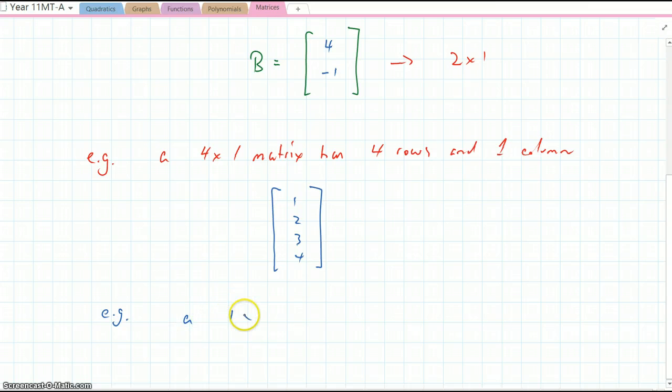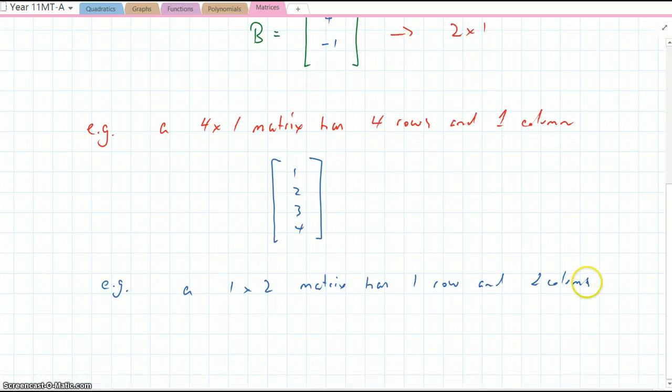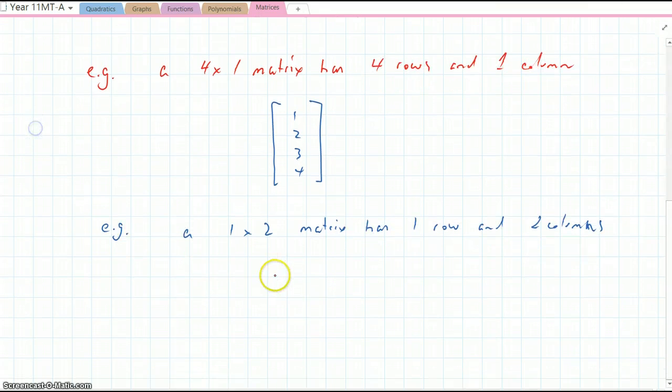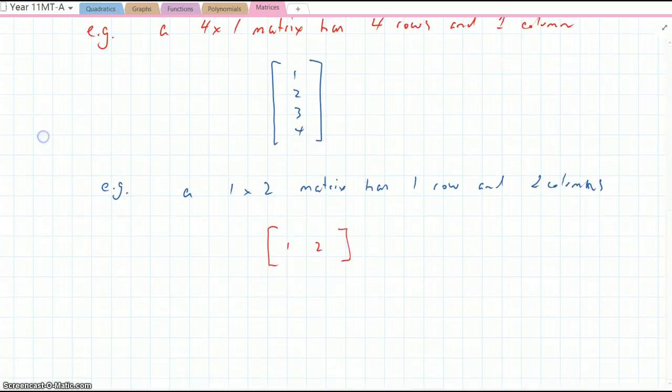A 1 by 2 matrix has 1 row and 2 columns, so that will be 1, 2. A square matrix has the same number of rows and columns. That's fairly self-explanatory, I think. So that's the rows and columns thing.